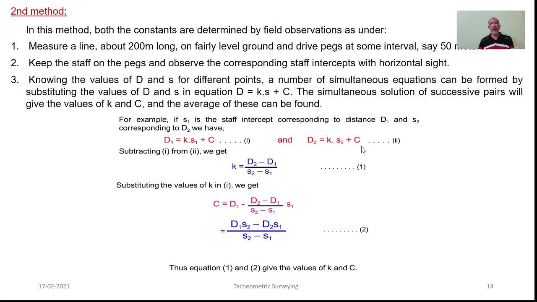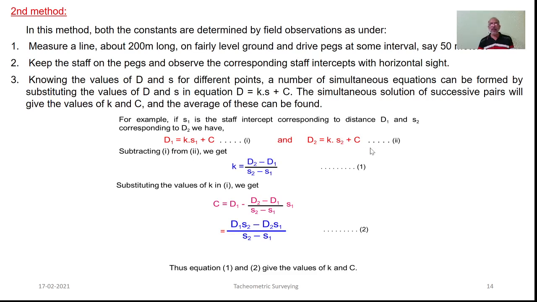As you see here, we have the value of d1, we have the value of s1, we have the value of d2, we have the value of s2. Hence, we can determine the value of k as d2 minus d1 by s2 minus s1. As we substitute this value in any of these expressions, we will be able to work out the value of c. As such, for the 50 meter distances, we can get 4 expressions.